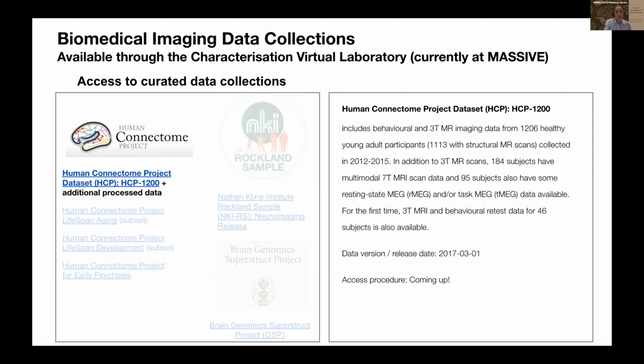Most of them have structural MRI data. A subset of them, about 180, has 7T MRI data. About 90 of these subjects have resting state MEG and task MEG data collections. And again, a subset of these subjects have repeated 3D MRI data and behavioral retest data.